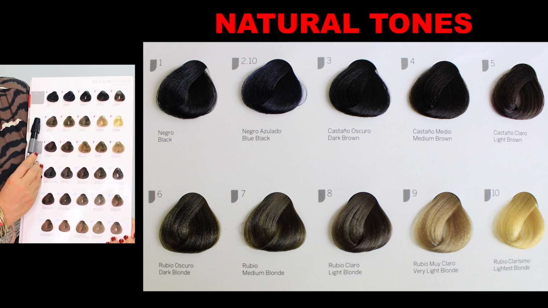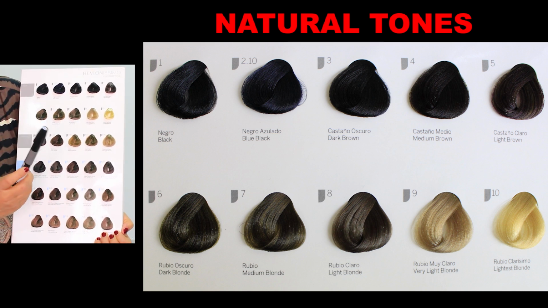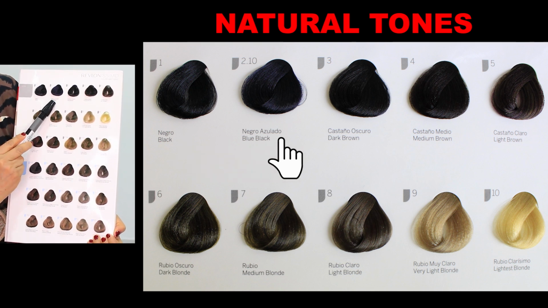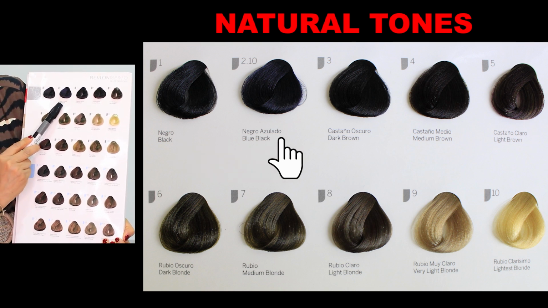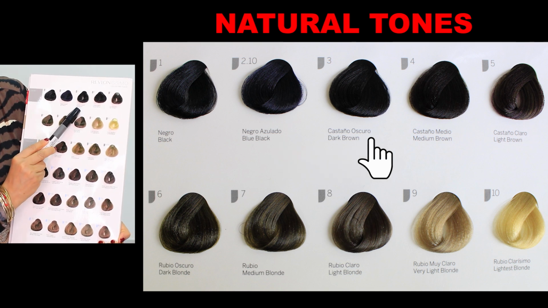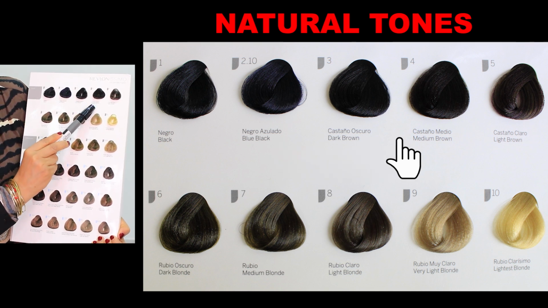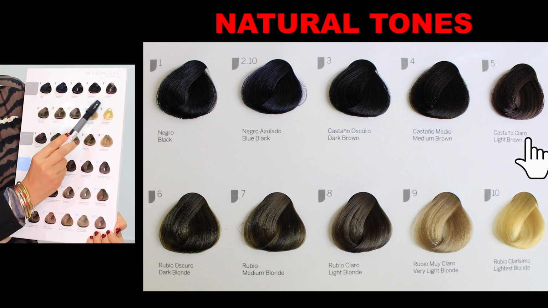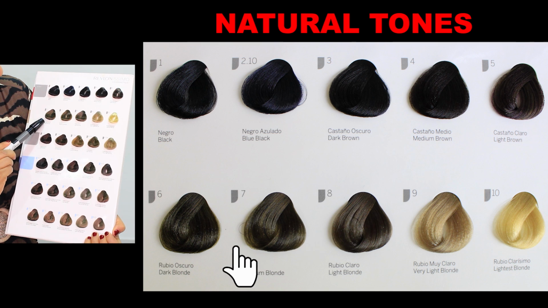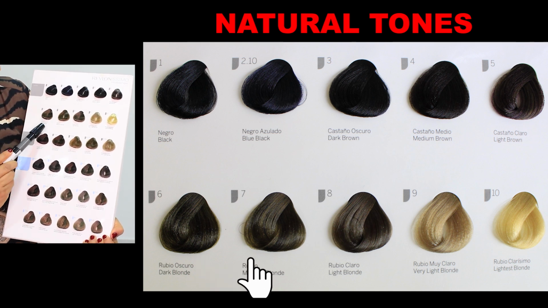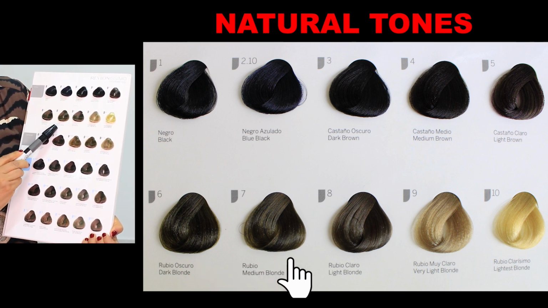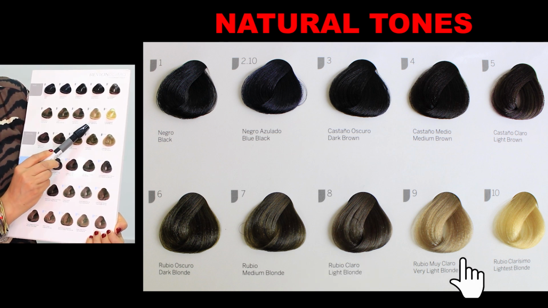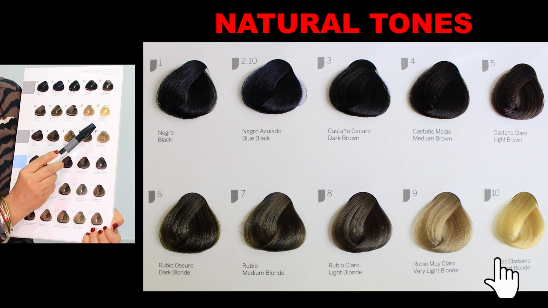These tones, which you will see in all ranges, are as follows. 1 is black, 2 is a blue-black, 3 is a dark brown, 4 is a medium brown, 5 is a light brown, 6 is a dark blonde, 7 is a blonde, 8 is a light blonde, 9 is a very light blonde, and 10 is a very, very light blonde.